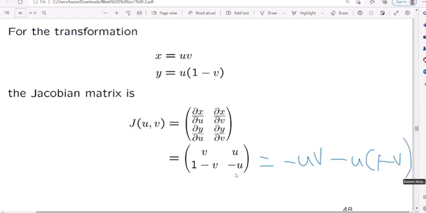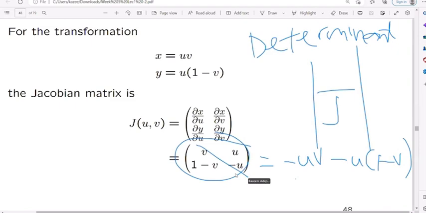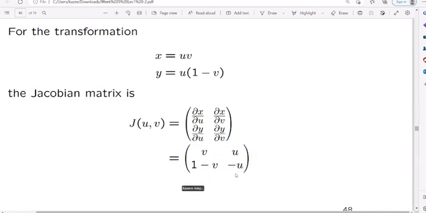It's like the determinant in algebra for 2 by 2. When you set up your matrix for 2 by 2, you multiply across, then you subtract. That is exactly what you're going to do next.